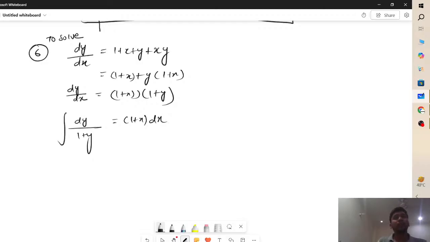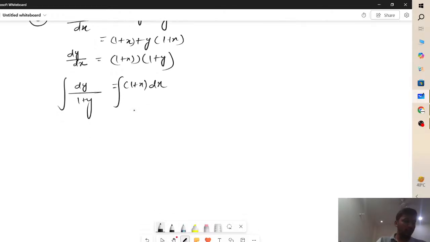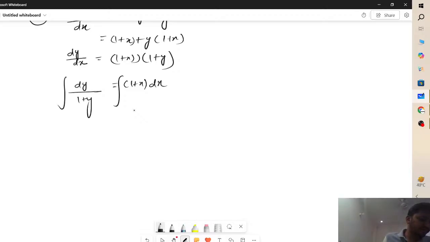And then integrating both the sides. So can anyone tell me what next? So this is integration of 1 plus y, क्या होता है? Log of 1 plus y. And this is log of 1 plus x.